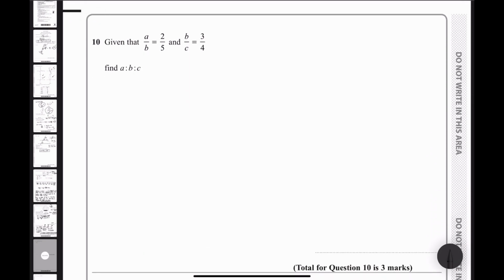In question number 10 it says given that a over b is equal to 2 over 5 and b over c is equal to 3 over 4, find a ratio b ratio c. Let me tell you, division, fraction, ratios, they're all the same.